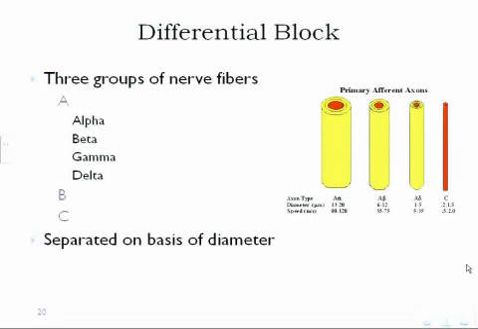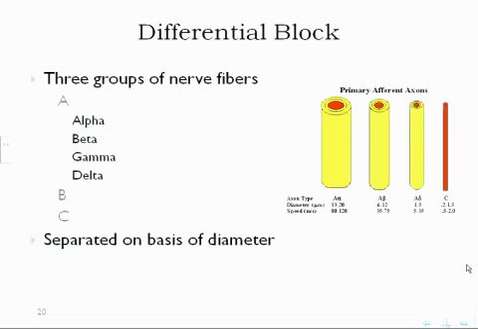And the reason that you can get a differential block is because the axons within your nerves have different diameters. If you look at A fibers, they can be broken down into A alpha, A beta, gamma, and delta.